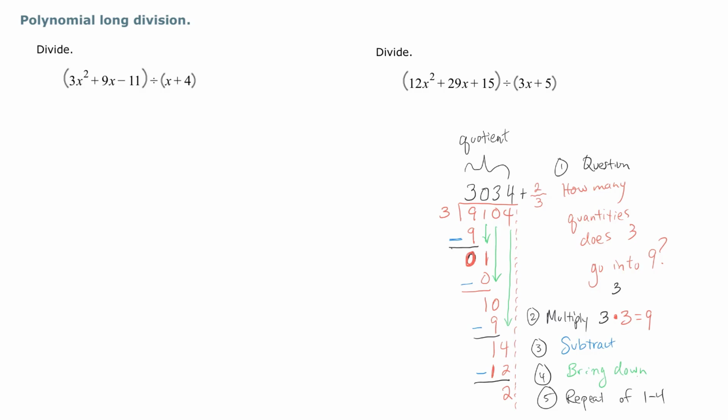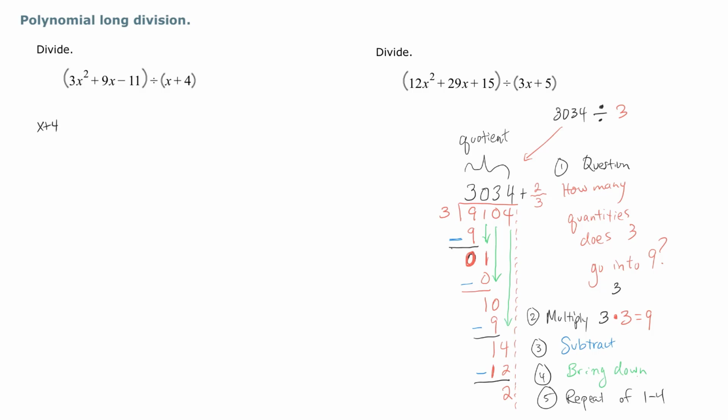Let's do the same thing for polynomials. If the problem was 3,034 divided by 3, notice this is the setup, right? So if it's 3x squared plus 9x minus 11 divided by x plus 4, then the setup would be x plus 4.